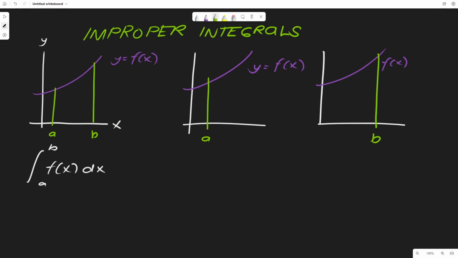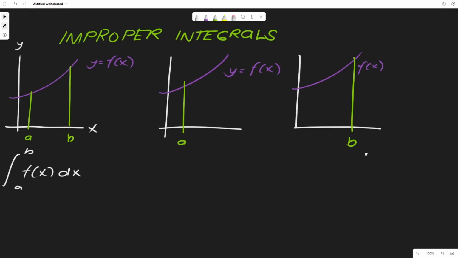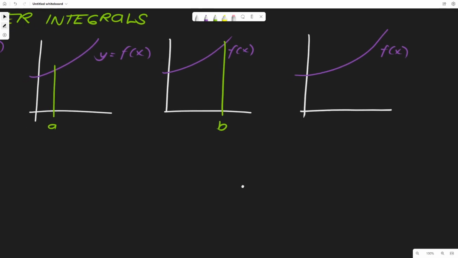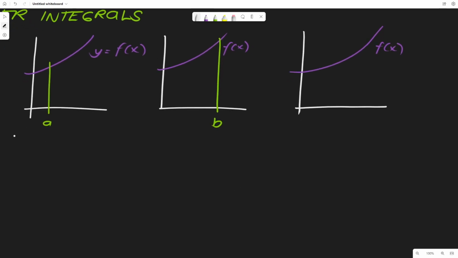And for our third, let's say this is the f of x, and there is no set limit, no set boundary. So this graph, or area under the curve, is interpreted as the integral of f of x dx from a to infinity.